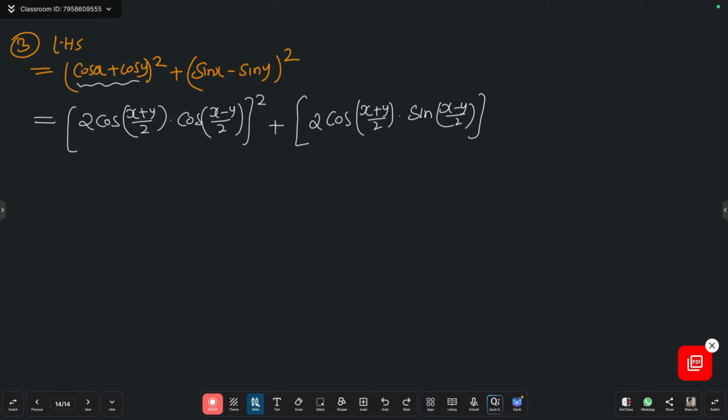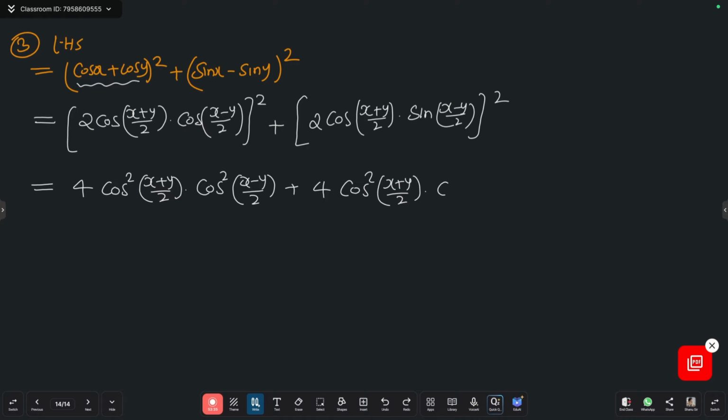So open the whole square: 2 square is 4 cos square x plus y upon 2, and here cos square x minus y upon 2. Similarly this bracket, 2 square is 4 cos square x plus y by 2 and sin square x minus y upon 2.